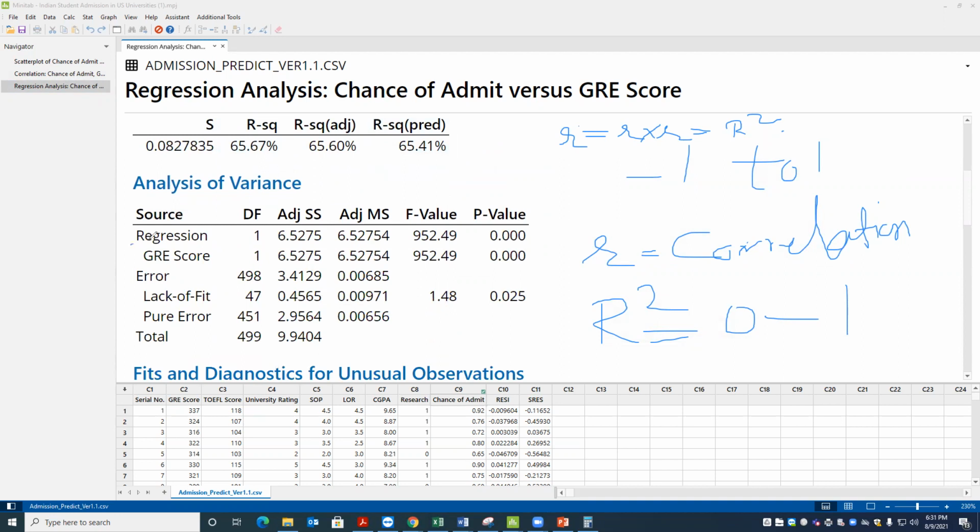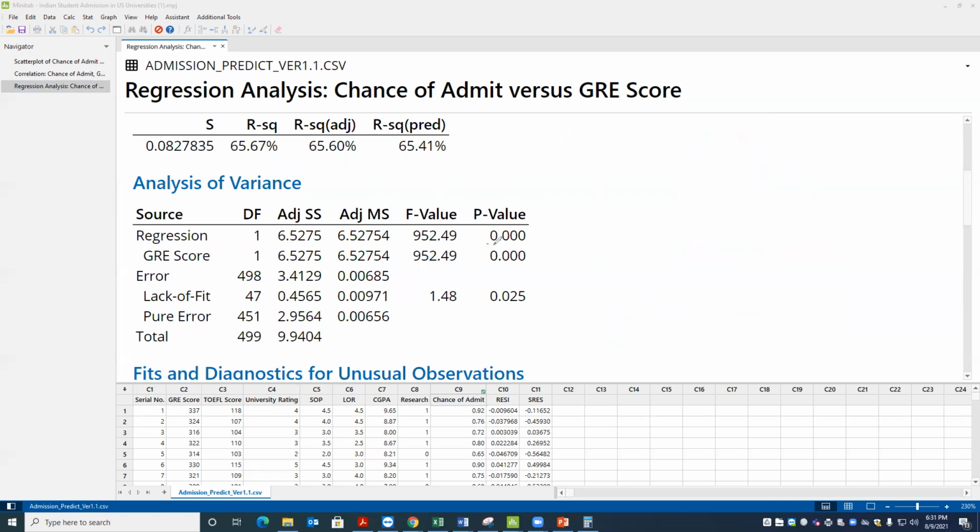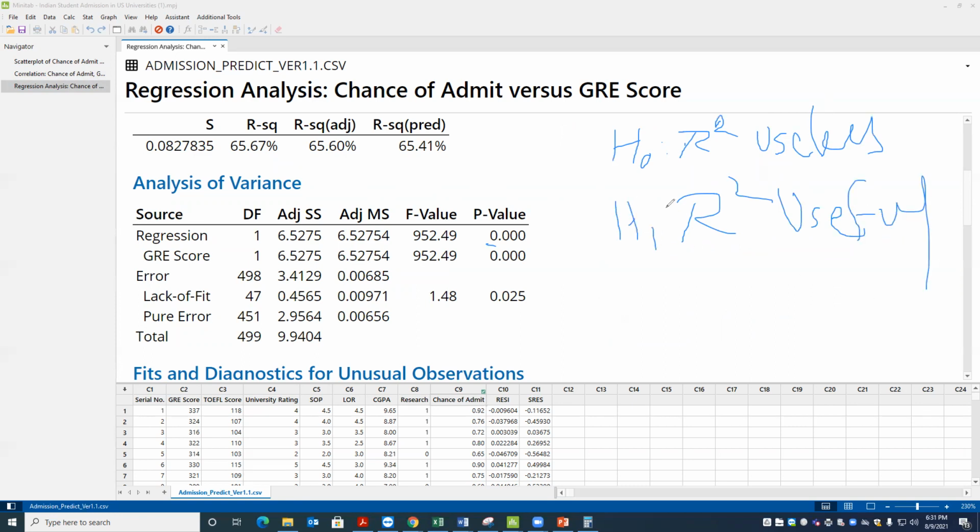Here, this is regression. Whether your entire regression is valid, again, the same concept. H0: R square is useless, and the alternative: R square is useful.